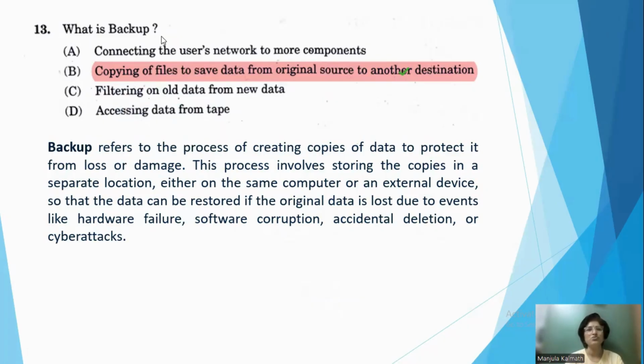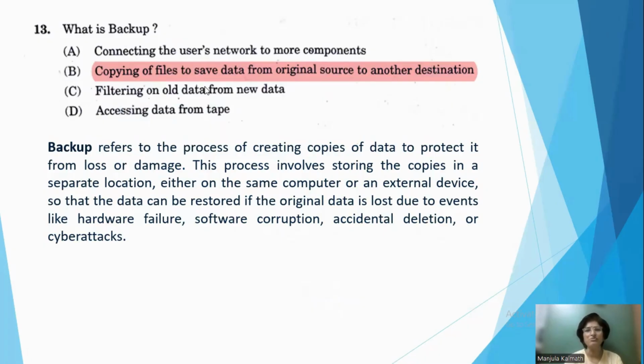Next question is, what is backup? Backup means copying of files to save data from the original source to another destination. Some software will be installed in the computer system.